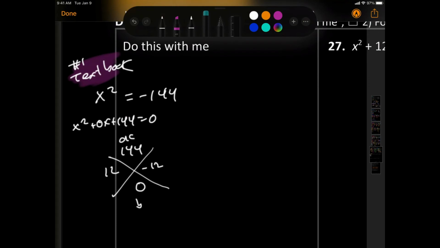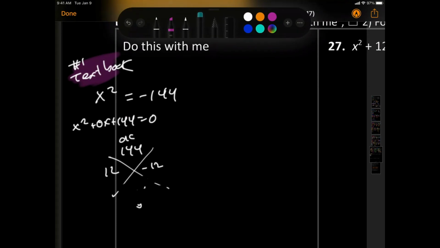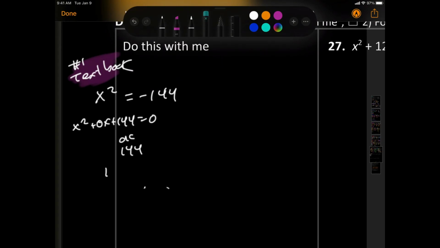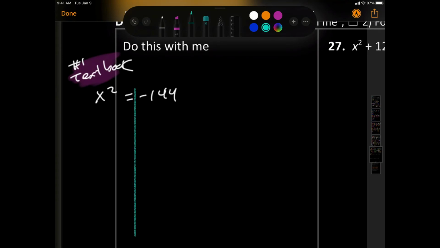So the textbook says, the textbook would say add 144 to both sides, and then I have x squared plus 144 equals 0.